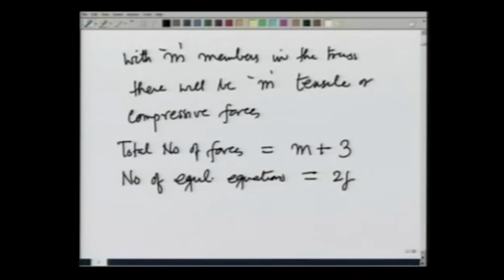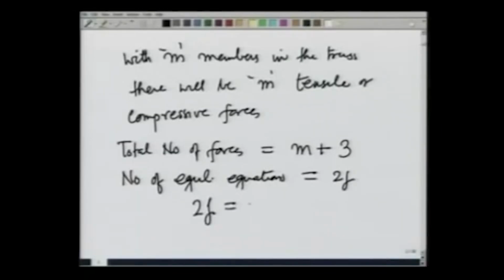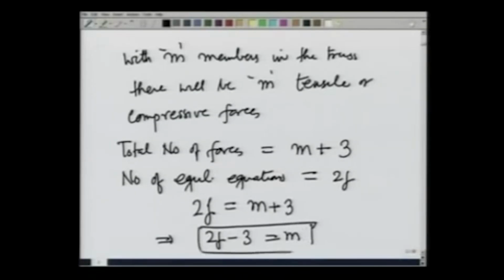If I should be able to solve for all the forces, then the number of equations should be equal to the number of unknowns, which gives me 2j minus 3 equals m, and that is the equation for statically determinate trusses if the trusses are externally statically determinate.